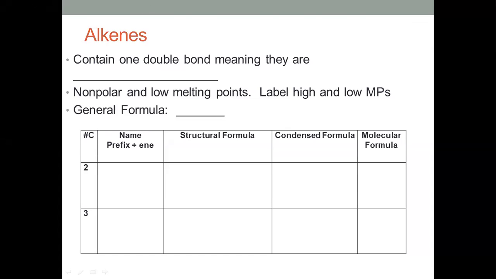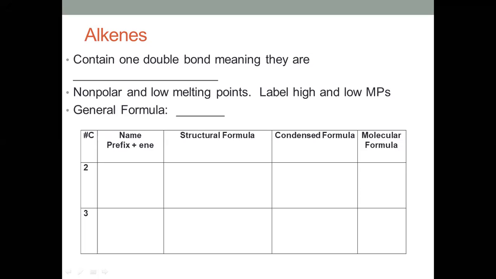All right, so alkenes and alkynes are also on table Q, the homologous series of hydrocarbons. Alkenes, the ENE ending, indicates you have one double bond. And one double bond means that they are unsaturated because they can hold more bonds.